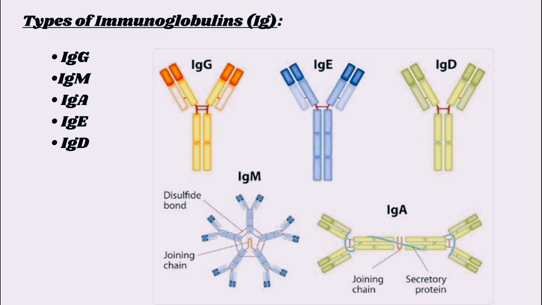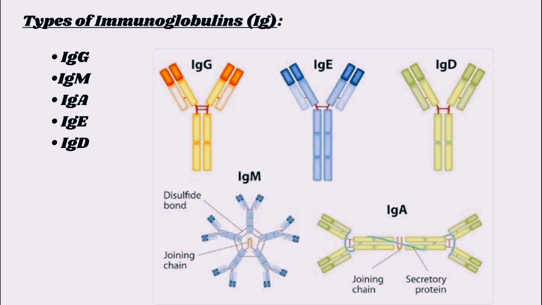And IgA is a dimer. Actually, IgA can also be a monomer, but when it is secreted, it is a dimer. Why dimer? Because it has 2 Y-shaped chains. Also remember this: if it is a monomer, it will have two arms, so two antigen binding sites.